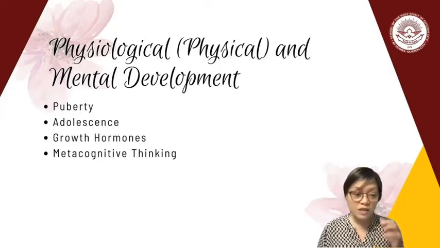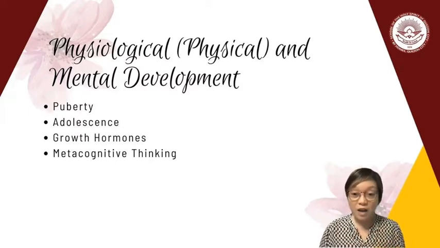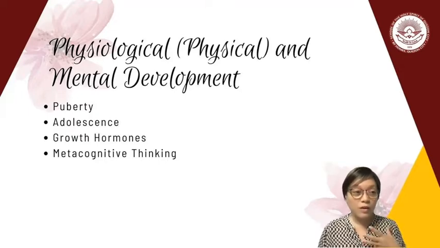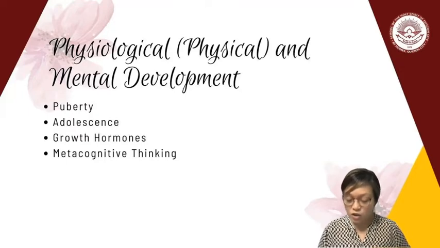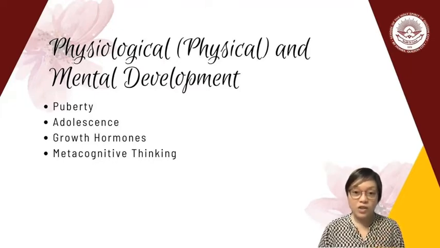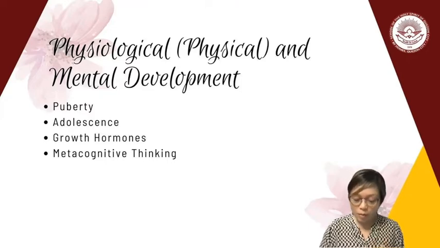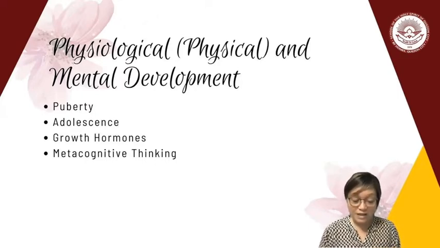Therefore, this is specifically the stage wherein you will really see these physical changes happening, no? Because you will really see the difference between childhood and adulthood, and the transition happens during the adolescent stage. And the puberty, which is, as I said earlier, the characteristic changes in your physical development, signals the beginning of adolescence, no?